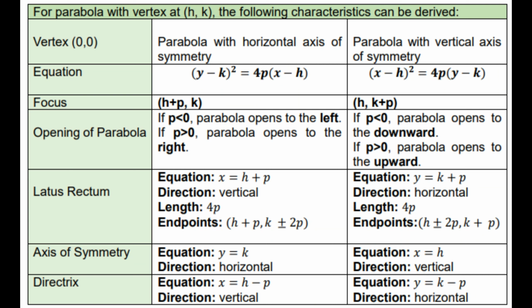For the vertical axis of symmetry, (x minus h) squared equals 4p times (y minus k). The formulas for the focus, opening of the parabola, latus rectum, axis of symmetry, and directrix are given.